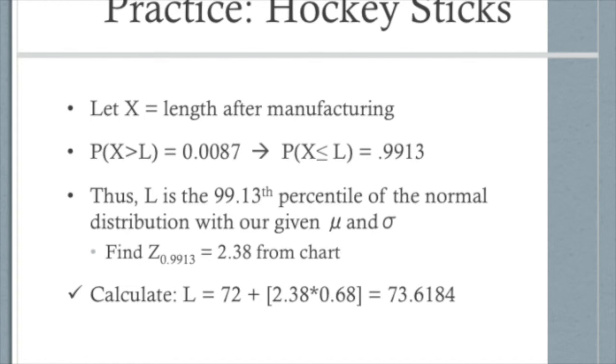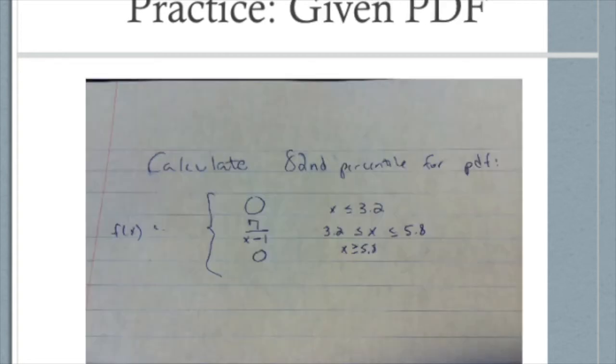Find on the table the z of the alpha 0.9913, which is equal to 2.38. Now calculate L. L is equal to 72 plus 2.38 times 0.68. You should get 73.6184.